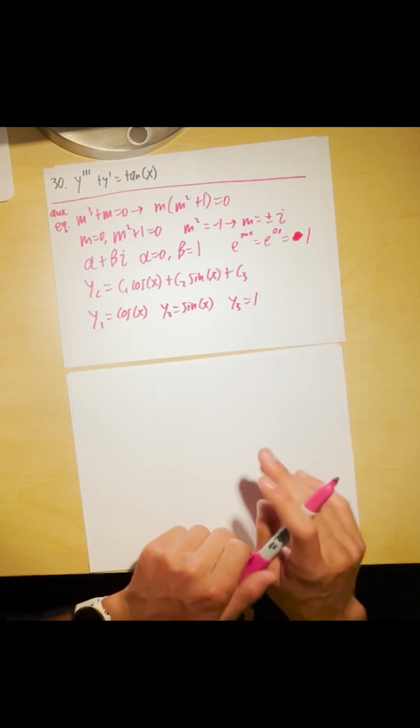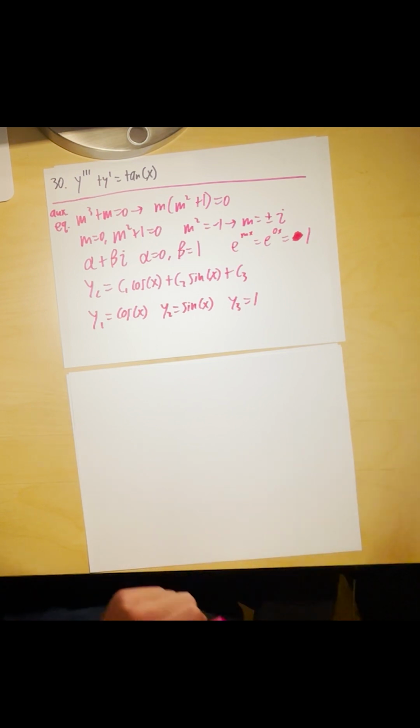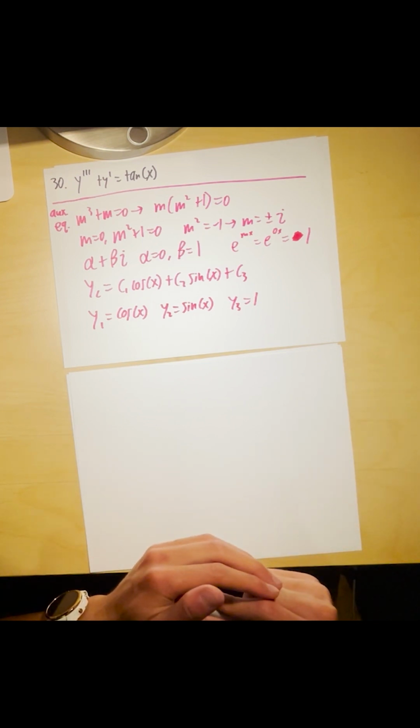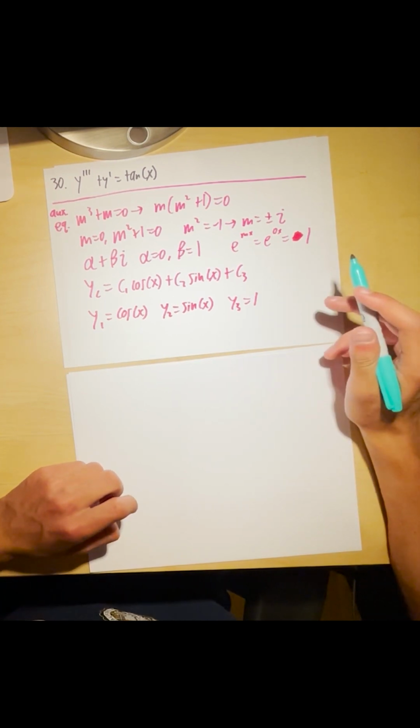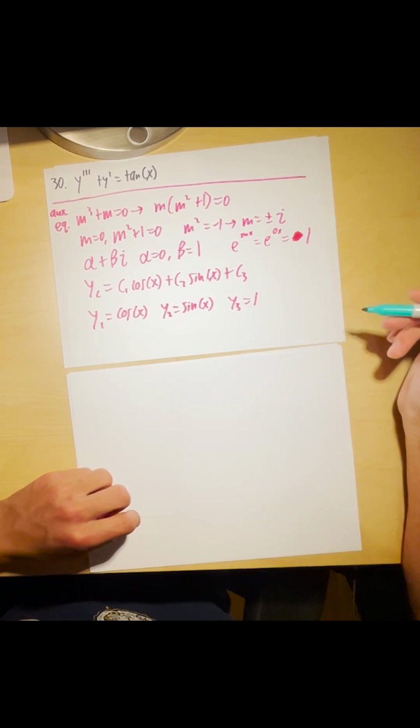So now when we're doing these, we have to use that Wronskian way. We're going to make four Wronskians, W, W1, W2, and W3.